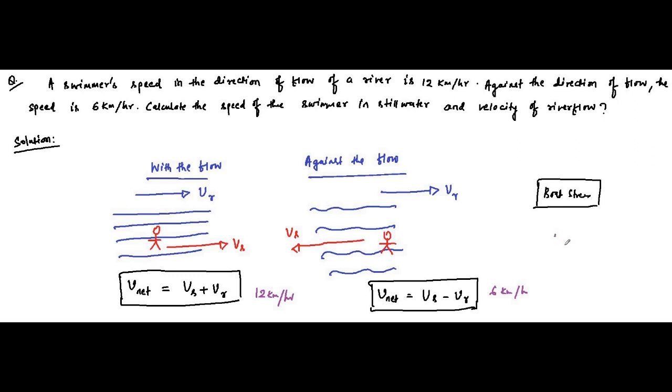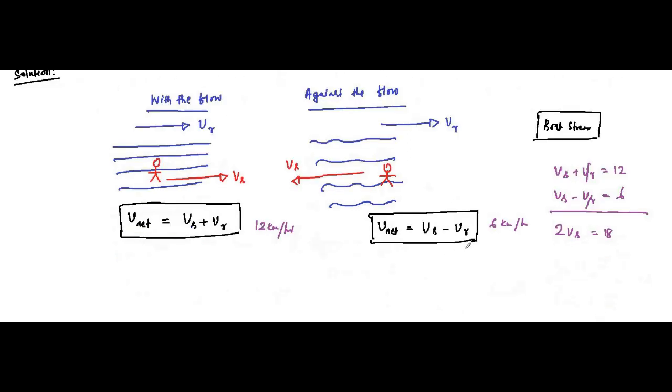So Vs plus Vr is equal to 12, Vs minus Vr is equal to 6. If we add them together, Vr will get cancelled. 2 Vs is equal to 18. That implies velocity of the swimmer is equal to 9 kilometers per hour.